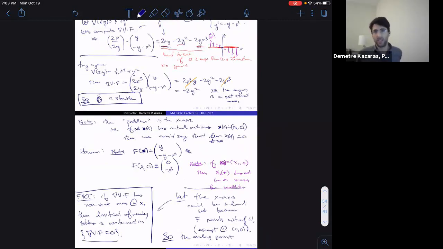The point is you don't have to think too hard about what V is. You just need to choose V so that gradient V dot F has a maximum at the equilibrium point. And then if you're in this borderline case where it's not a strict maximum, because here we had a maximum all along the x-axis, then the limiting set has got to be along this x-axis.